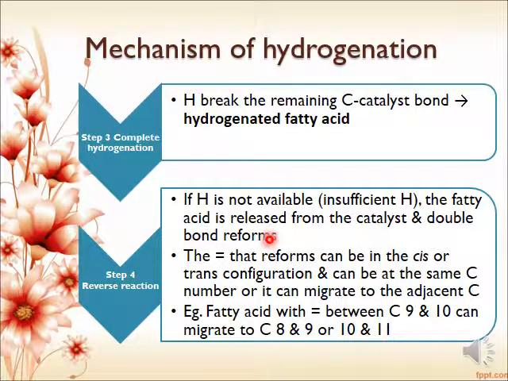The drawback of this is that the double bond that reforms can be in either cis or trans configuration. Now, when trans configuration is formed, that is the case that is normally associated with cardiovascular disease.